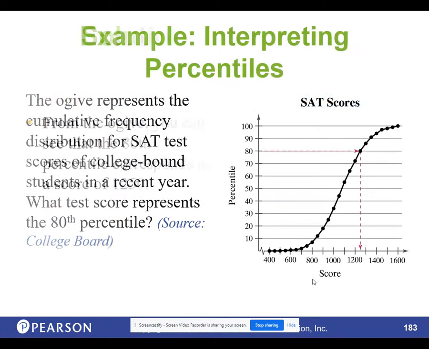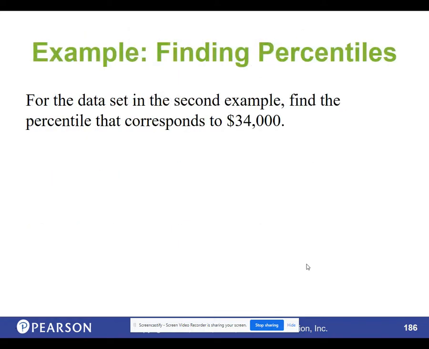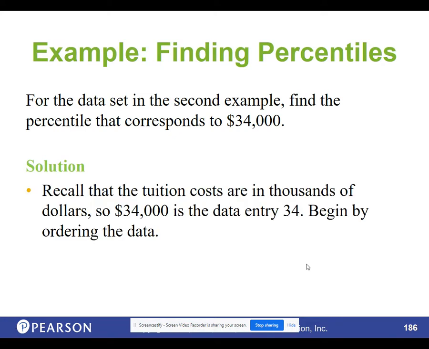They're very similar, but to find a percentile, you take the number of data entries less than that number and divide it by the total number of entries. And that's how you find your percentile. For example, in the second example, find the percentile that corresponds to 34,000.